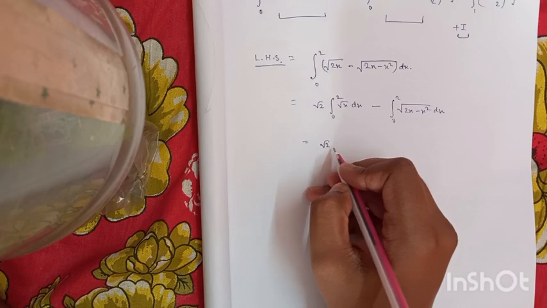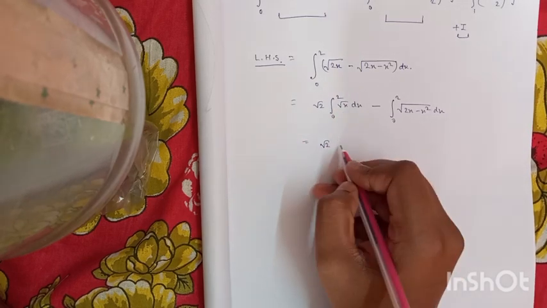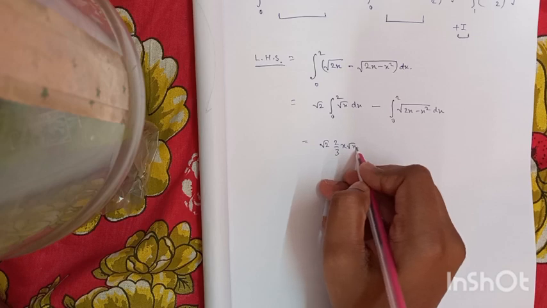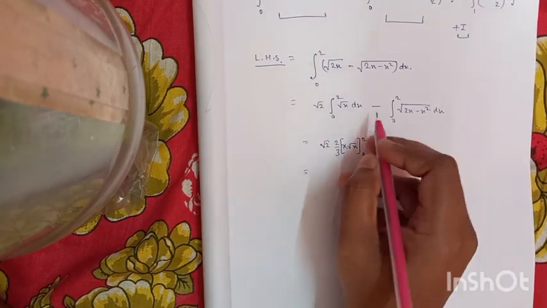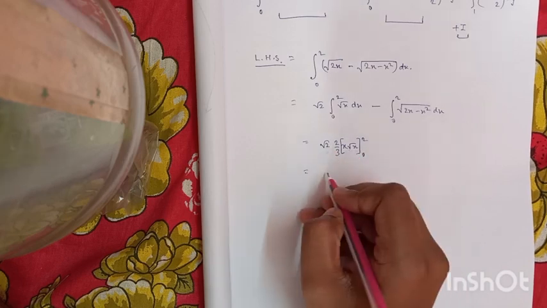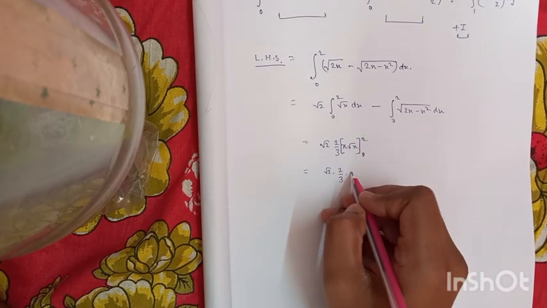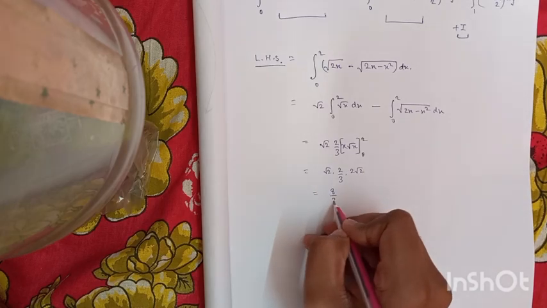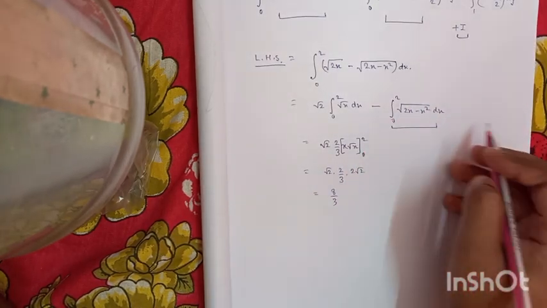It can be solved as root 2 times the integration of root x, which is basically 2 by 3 x root x, with limits from 0 to 2. So this will be how much? Root 2 times 2 by 3 times 2 root 2. So 8 over 3. And now we have to calculate this integral.